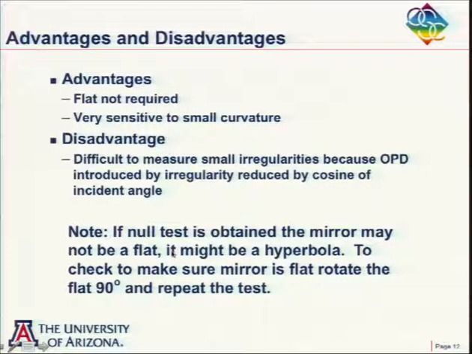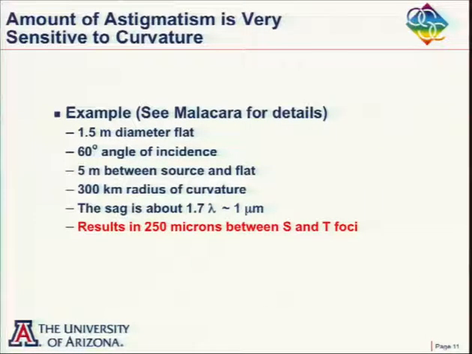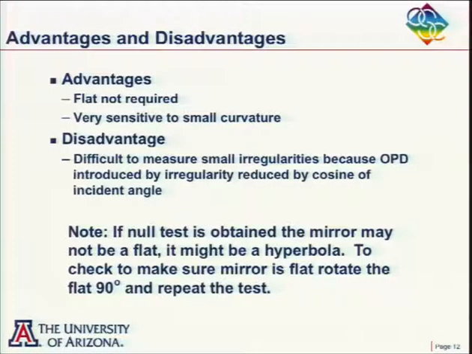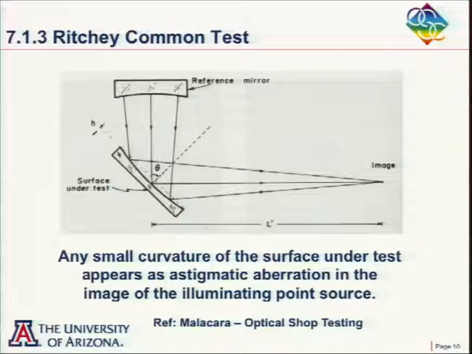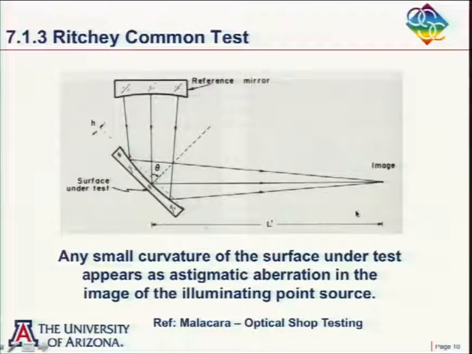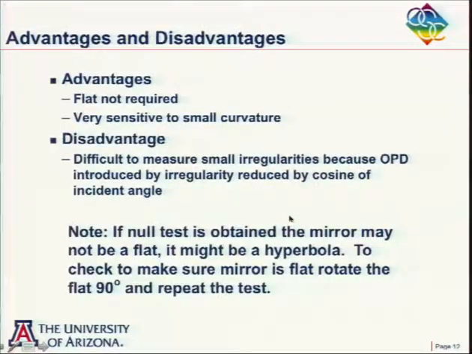And then this is kind of a little bit related to your question. I may get a null test here. I may do this, and I'm not going to see any S and T foci. I say, oh boy, I have a good flat. But maybe I don't. It could be a hyperbola, just such that the foci here are wherever this point source is and wherever that center of curvature of the mirror is.